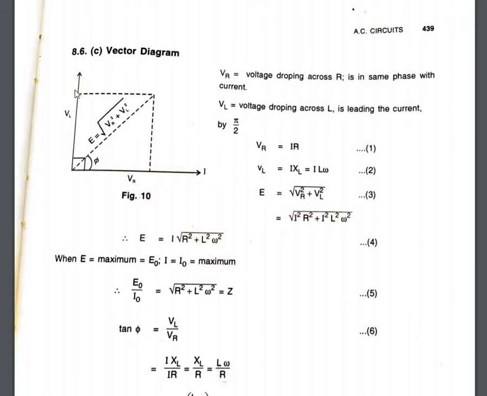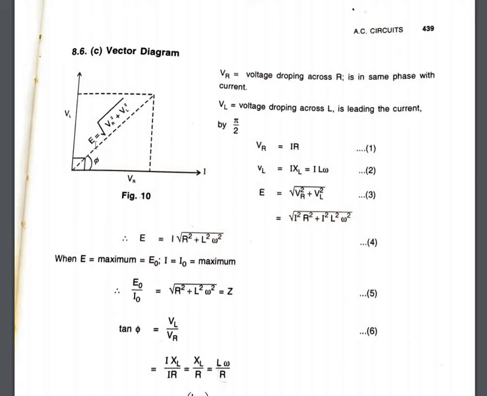Here this is the voltage drop across the inductance. We know that in a purely inductive circuit the voltage will lead the current by an angle pi by 2. So we represent the voltage across the inductance on the y-axis. This is a vector quantity and this is also a vector quantity. The resultant of these two will be here. So in a circuit containing inductance and resistance, this is the resultant voltage.